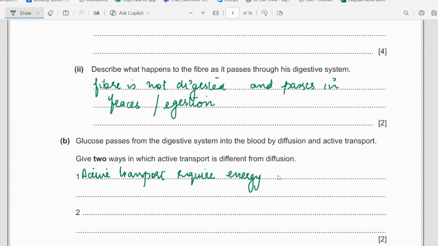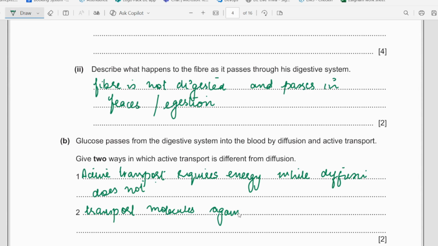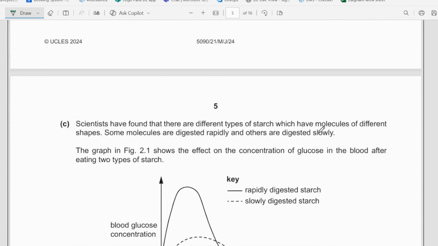It moves molecules against the concentration gradient, while diffusion passes down the concentration gradient.